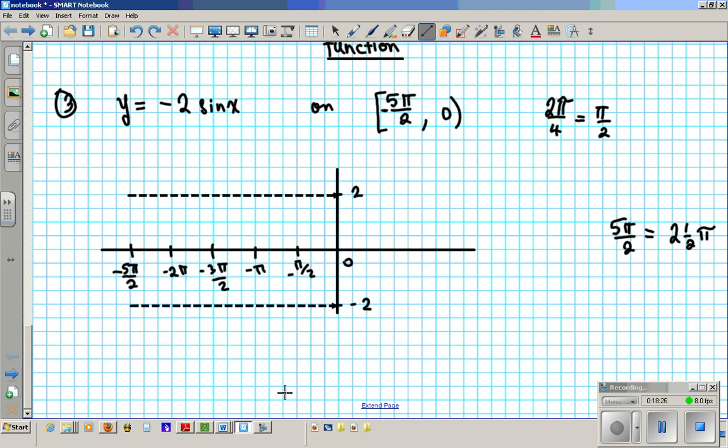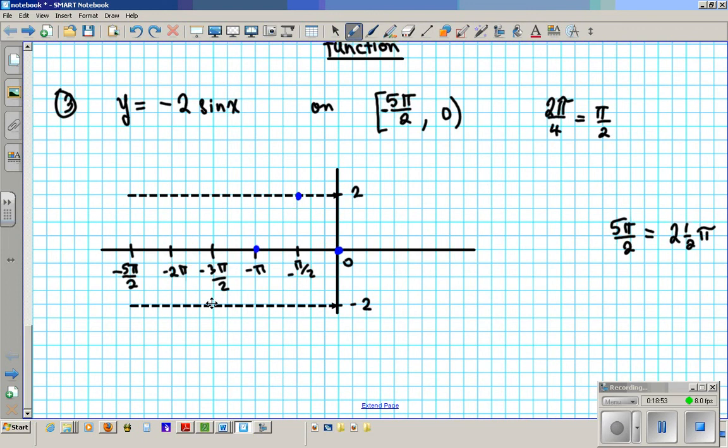And now we're going to plot the dots. Now you know sine starts from 0 and makes the S shape. So I'm going to start from 0. And I'm supposed to go down here and up there, right? But wait a minute, you have a minus. What does that minus do? It switches the whole order. So instead of going up to the right, you're going to go down to the right.